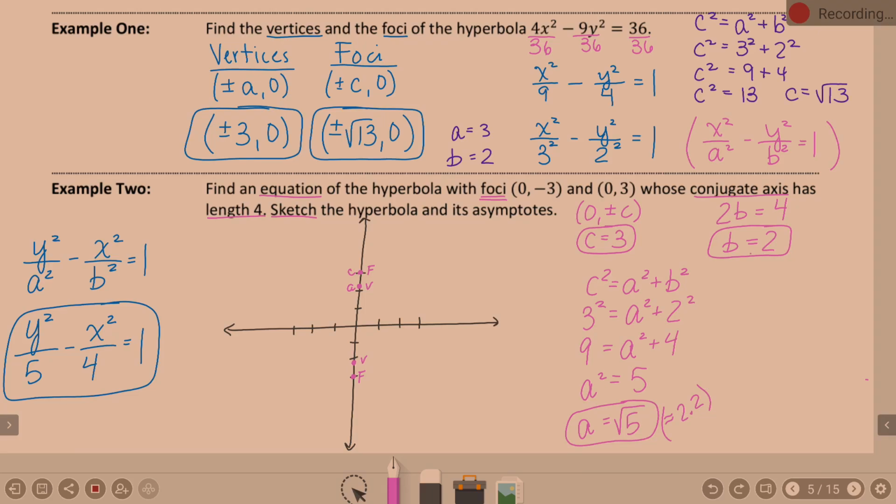B is 2, so on the other axis we're going to put points at 2. Now, these aren't anything official. We're putting those points to help us draw our hyperbola appropriately. They're not vertices, they're not foci. They're there to help me draw the right shape.